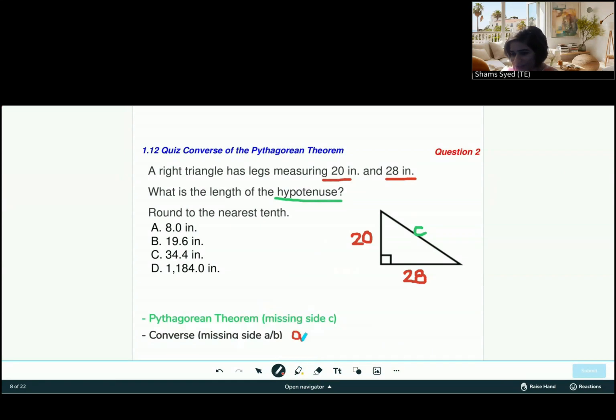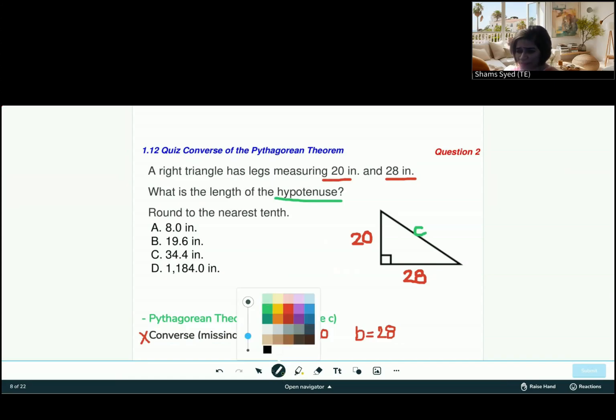You can use it interchangeably. And side B is 28. We are not doing the converse because the shorter legs are given. We're supposed to be using the Pythagorean theorem, which involves adding the given sides.